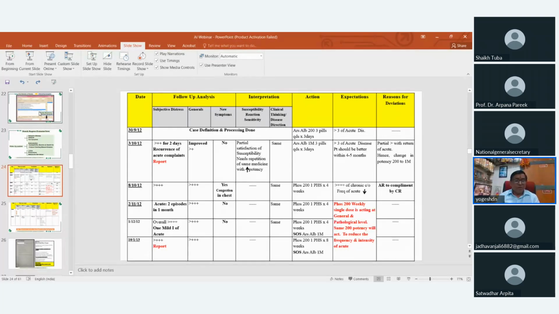So within 1 month, with this prescription of phosphorus 200 for one dose at bedtime weekly for 4 weeks, that means phosphorus 4 doses in a month.